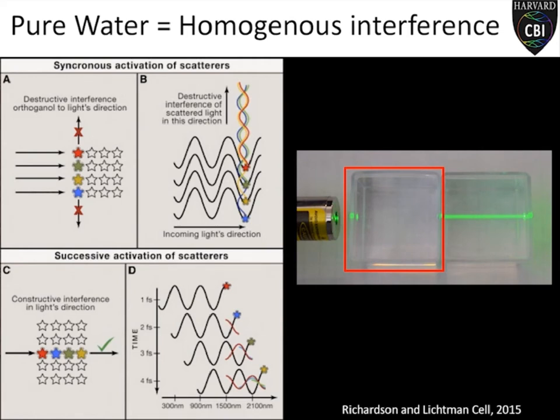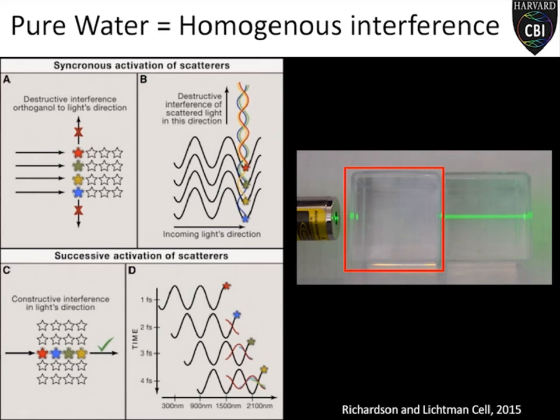Identically, the yellow star, the yellow water molecule, is also scattering light, and that's this yellow wavy line. If we look at those two wavy lines, they're both perfectly out of phase with one another. And what this means is that we're going to get destructive interference when these two waves interact with one another. And exactly the same thing with the green and the red star. They're going to be destructively interfering with one another as well.